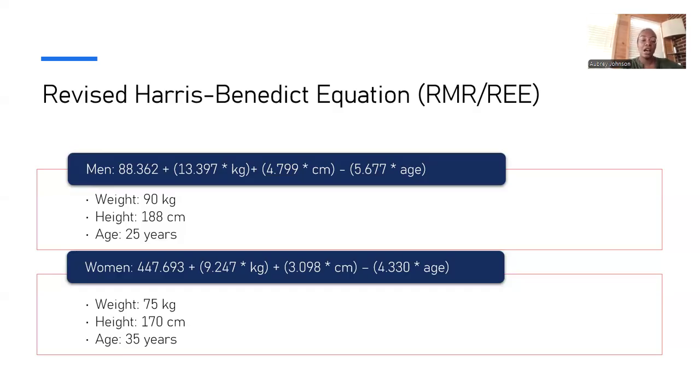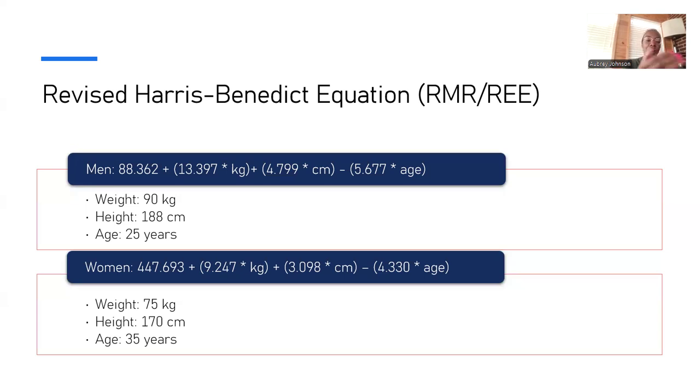but you can see with the constants in front of the weight term, the height term, and the age term, that weight plays a significant role in our resting metabolic rate. Height also plays a role, but not as much compared to your age. So we can see by the subtraction here that takes place once we calculate, for example, 5.7 times age for men, that your resting metabolic rate is going to decrease with increasing age.